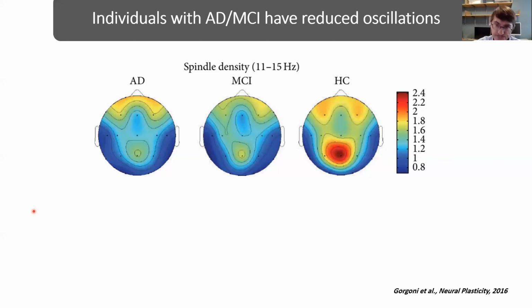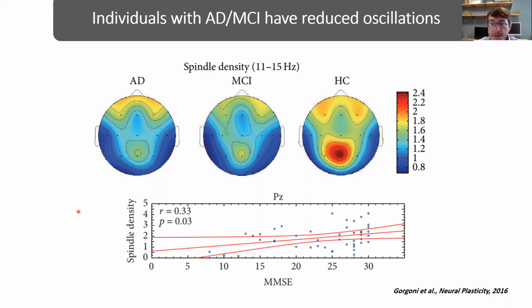When you look at individuals with Alzheimer's disease and mild cognitive impairment, you also see, compared to age-matched controls, that they have decreased spindle density as well. So decreased compared to younger adults, but also decreased compared to age-matched controls. This group found a correlation between the mini mental status exam, which is a measure of cognitive function, and spindle density.